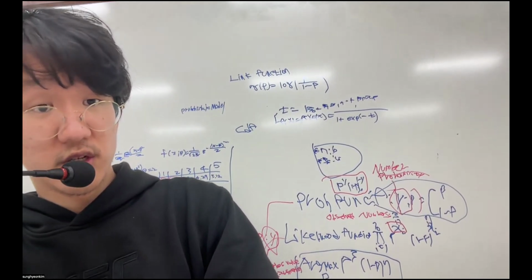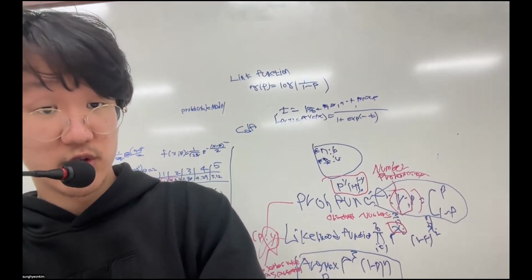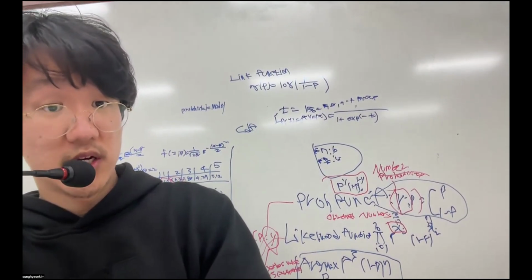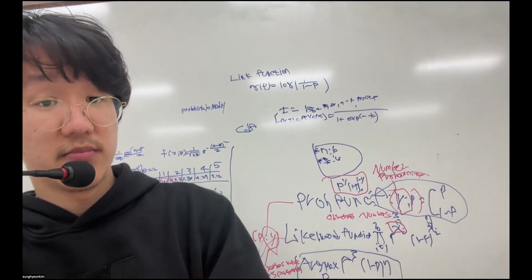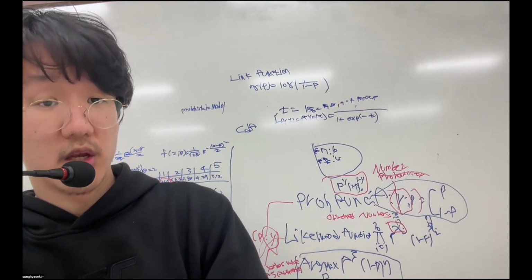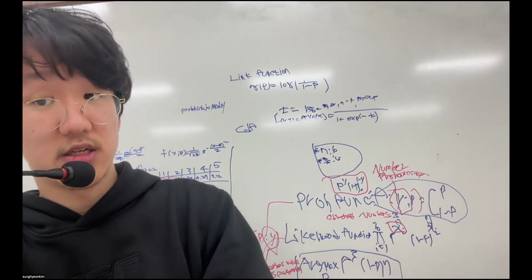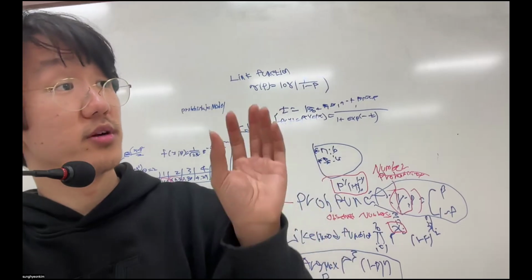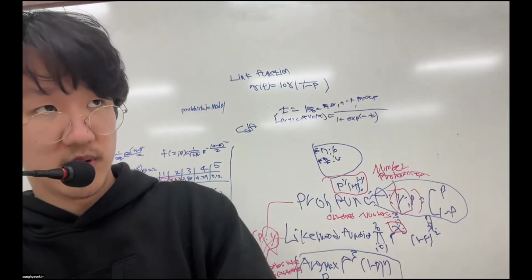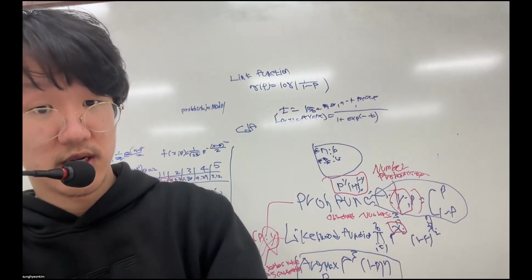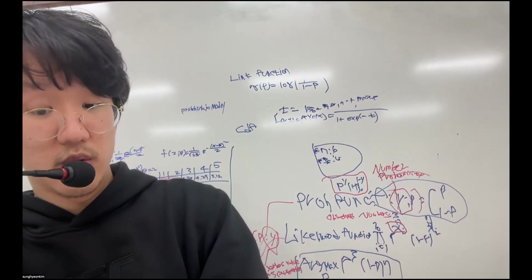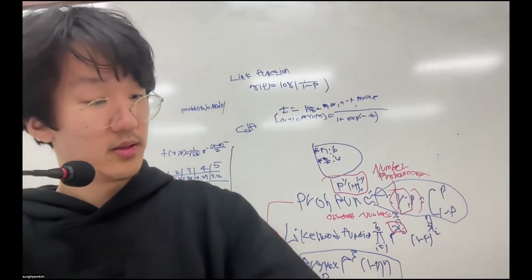And for the link function, there's the probit function that we usually use in econometrics, which is defined as the inverse of the standard normal CDF. If your input is 0 to 1, the output will be a real number.